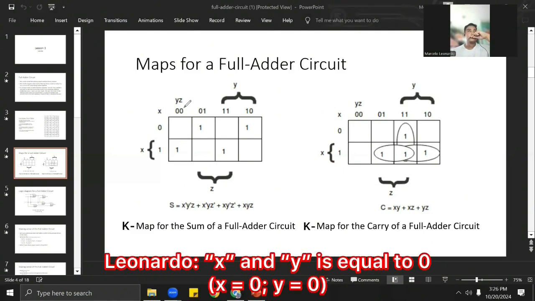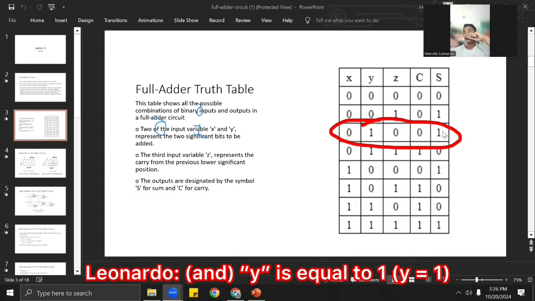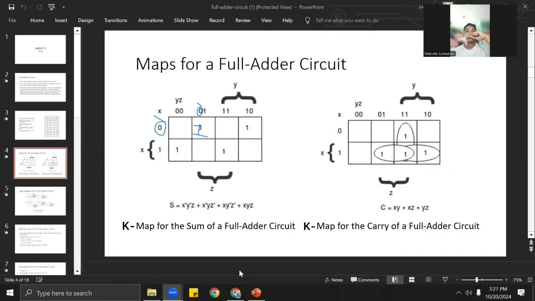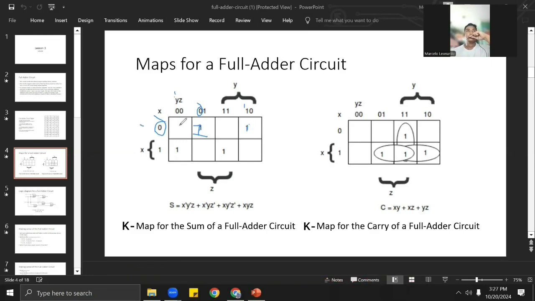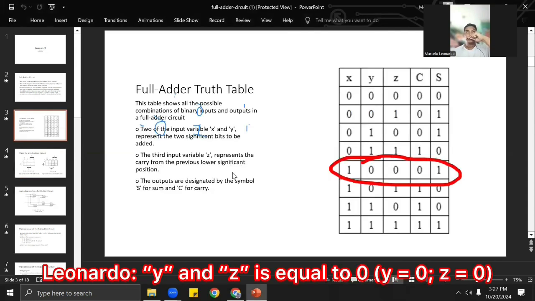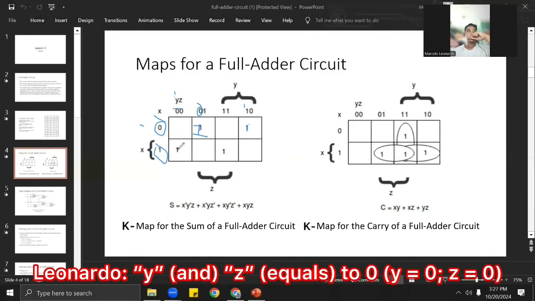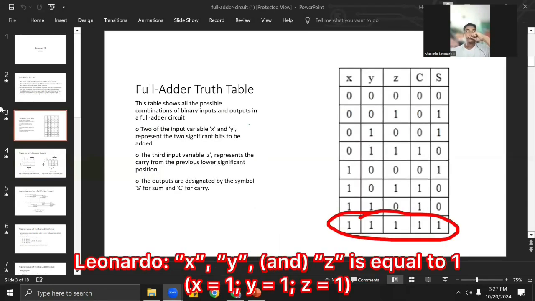But x and y, x is equal to 0, y is equal to 1, z is equal to 0. X is equal to 1, YZ is equal to 0. X equal to 1, YZ equal to 0. So, XYZ is equal to 1.